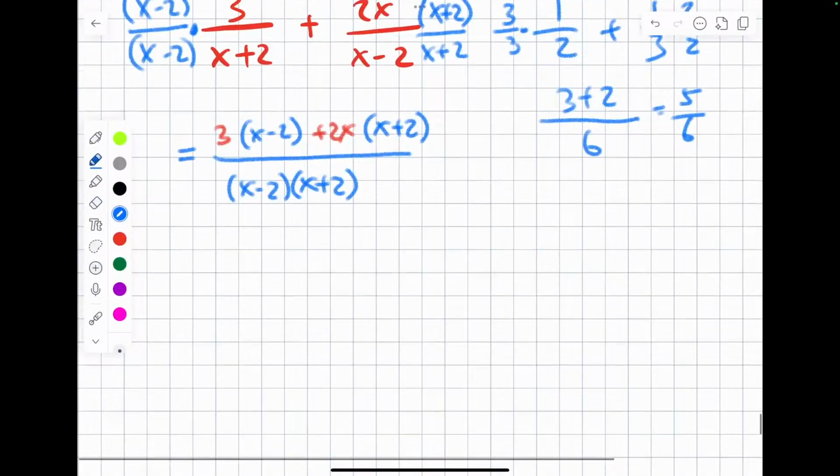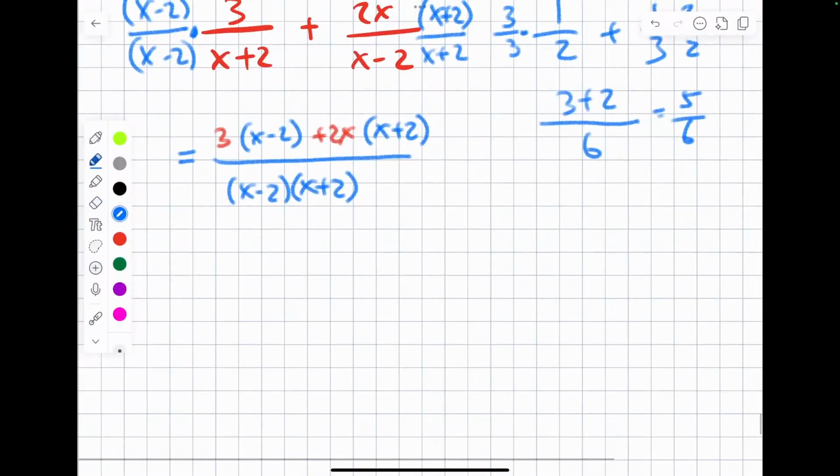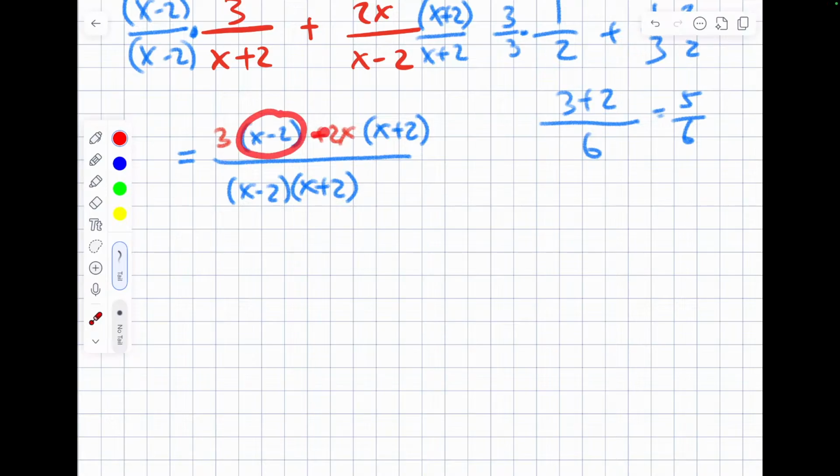So some people on the test decide to kill the kitten. This is how you kill it. They go like this, and say it's done. It's not correct. You cannot cancel that because this x plus 2 is being added to this. So you cannot cancel them. The only thing you can do is distribute.